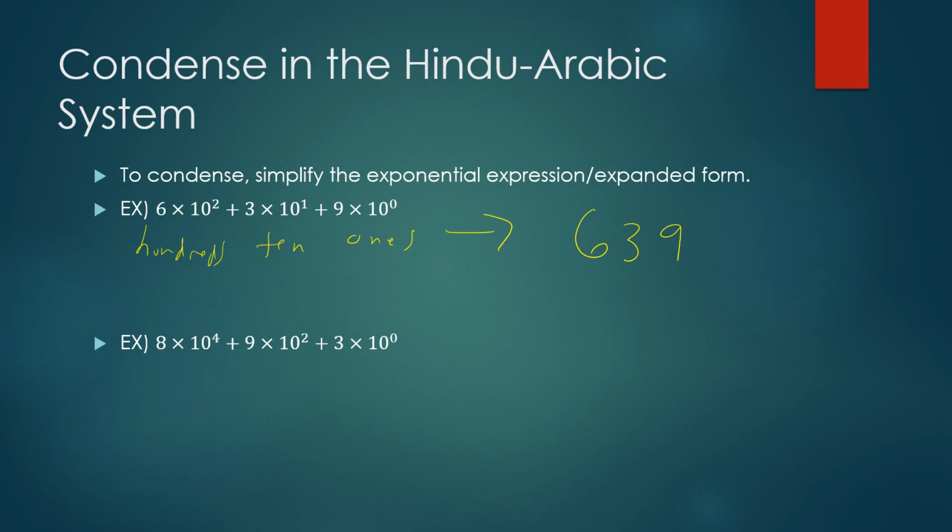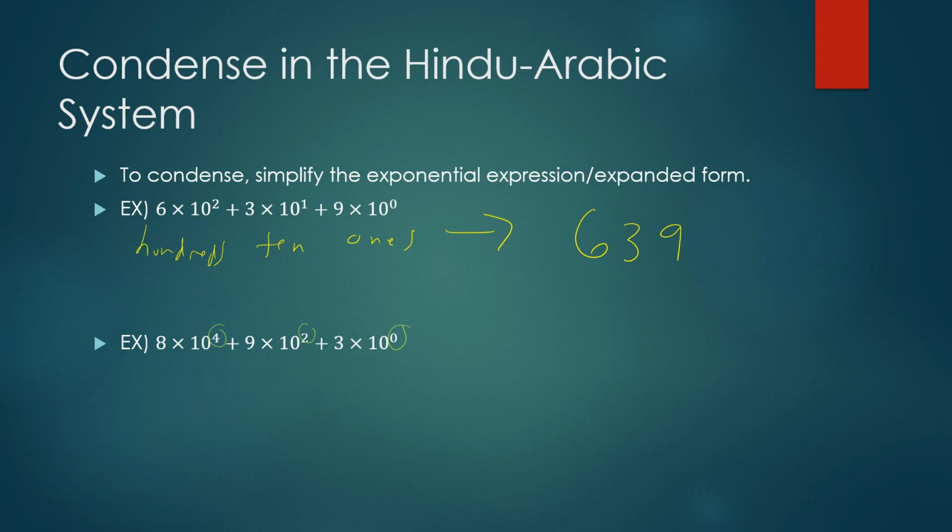Here, we have to pay attention to what the exponent is. Notice that I have 10 to the 0, which is the ones place, but then I skip the tens place and go straight to the hundreds. I skip the thousands and go to the 10,000s. If we do have these spaces, then we have to make sure we use the placeholder 0 so that we don't change the value of the number.